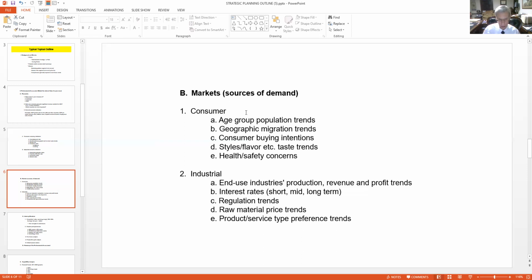Now, if we're talking about industrial products, then we look at the production, revenue, and profit trends of either that industry or the industries that consume those products. In this case, if we're talking about cars, it's pretty obvious. It's the auto industry's production, revenue and profit trends, but we want to look at the differences between countries and regions.